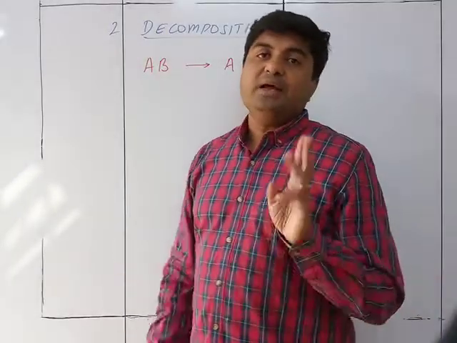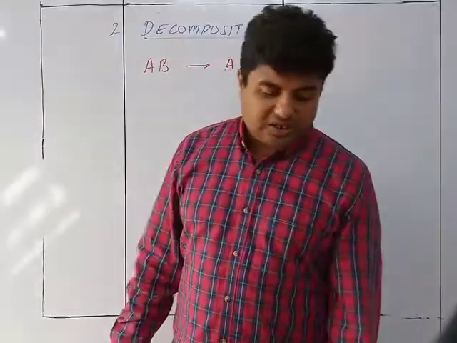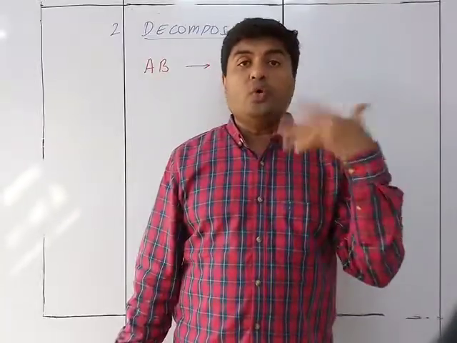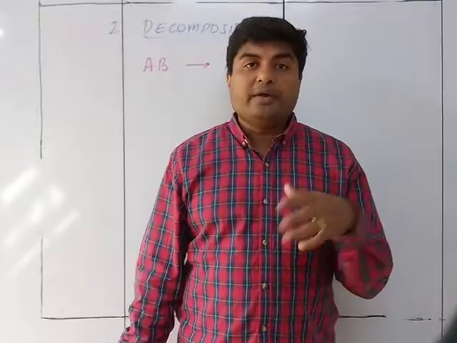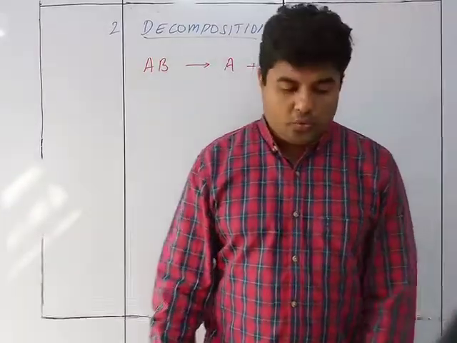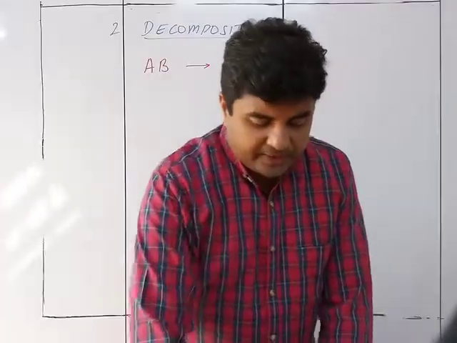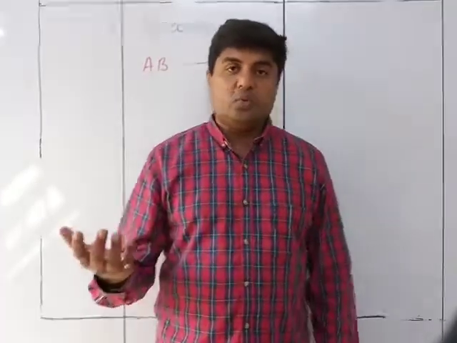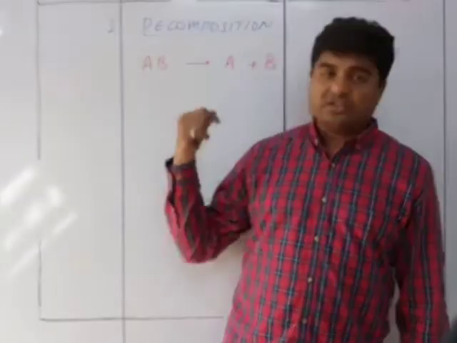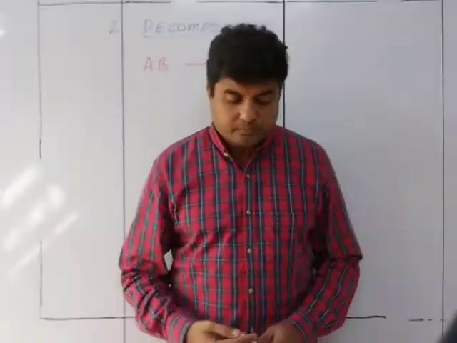So all three conditions can be there: a compound giving me two new elements, a compound giving me a new compound and an element, and a compound giving me two different compounds. In this way, the same as in direct combination, we have such kinds of reactions in decomposition also.